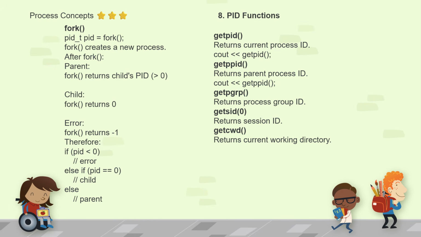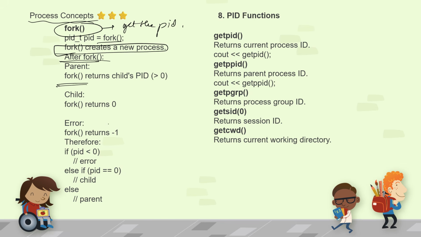Next, what we have is your process concepts. Now comes the important topics. In creation of a process, we use fork to basically get the process ID or the PID. So you write pid_t pid = fork. Fork creates a new process. After fork, for the parent, fork returns the child's PID. Always remember that a child's PID will be greater than 0.